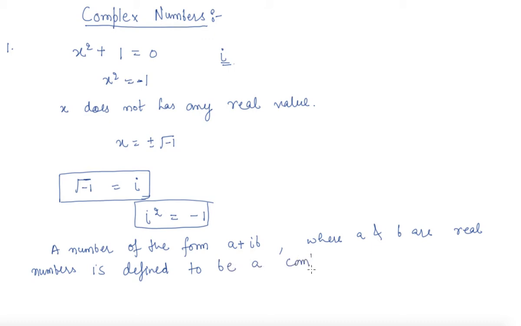So this is a complex number, students. We can denote z equals a plus iota times b.